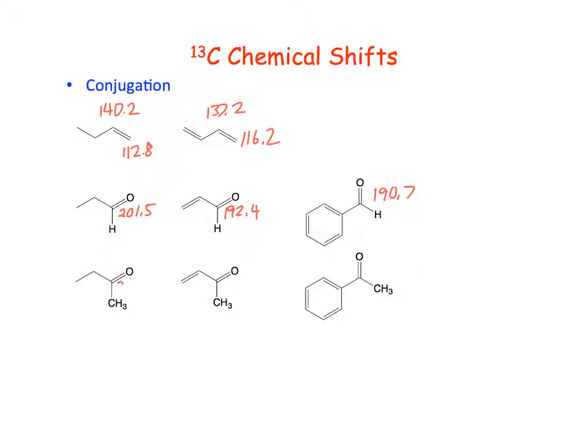This one is at 206.3. Add a double bond, 198.1. Next to a benzene ring, 195.7. So oftentimes those ketones or aldehydes, if they're in the 190s, then it means they have some conjugation next to them.